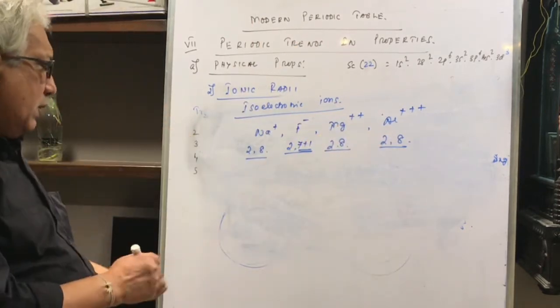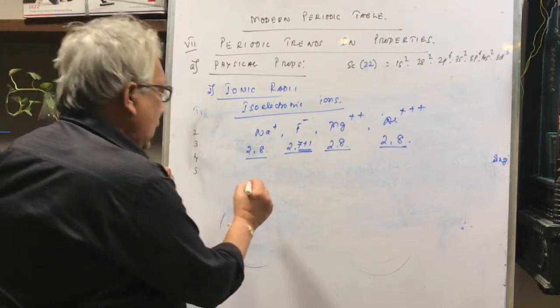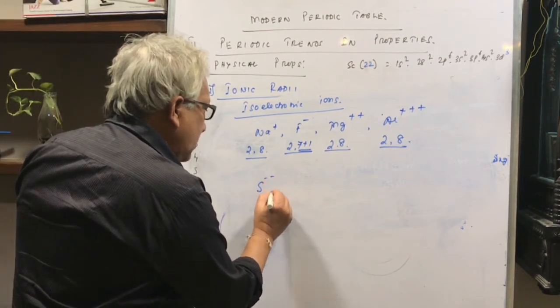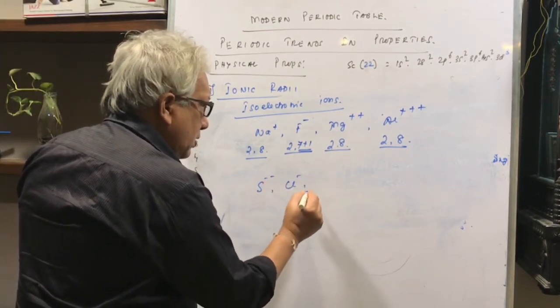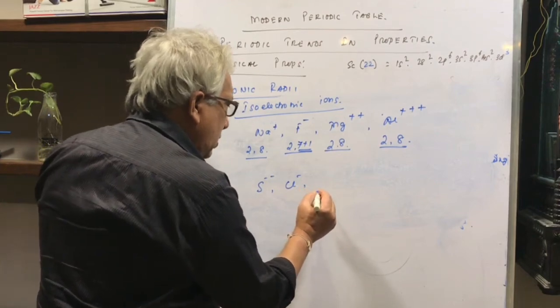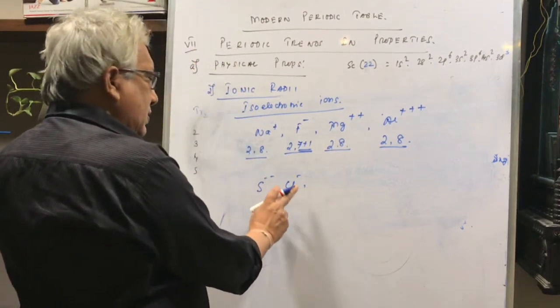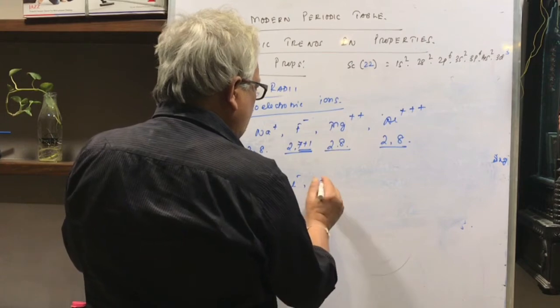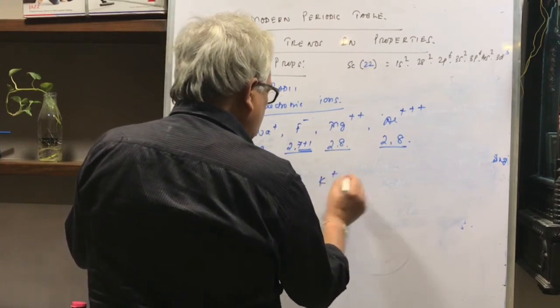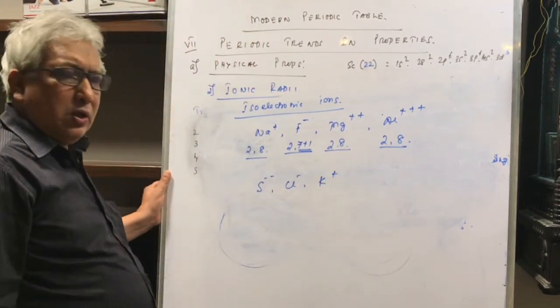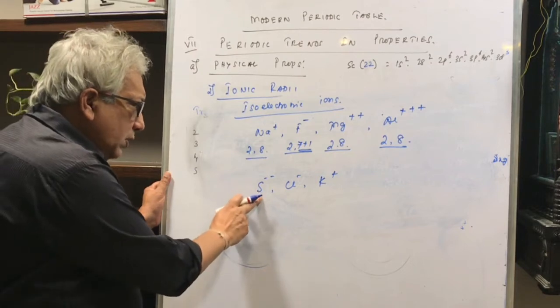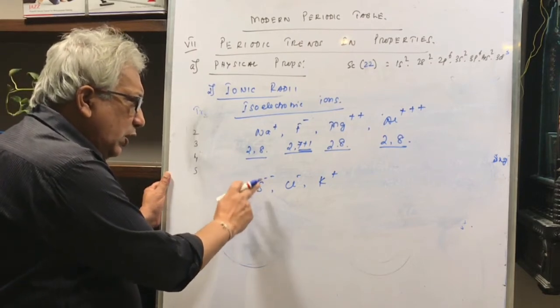I'll give you one more example. Another example is S--, Cl-, and K+. These are all isoelectronic ions. Now, how many electrons are there in S--? Originally it was 16.